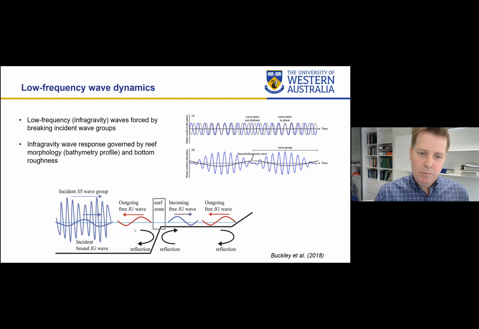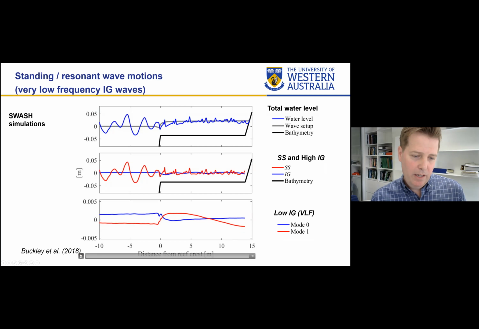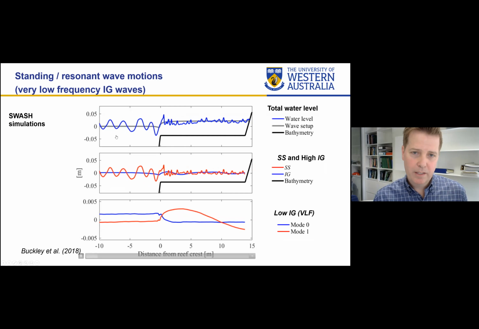When these wave groups, essentially sets of waves, interact with these reefs, they generate forcing at the time scale of these wave groups, which then interacts with the reef morphology, the bathymetry profile and the bottom roughness. One of the things I talked about is that we get a lot of infragravity wave motion, a lot of this low frequency infragravity wave motion generated on these reefs.